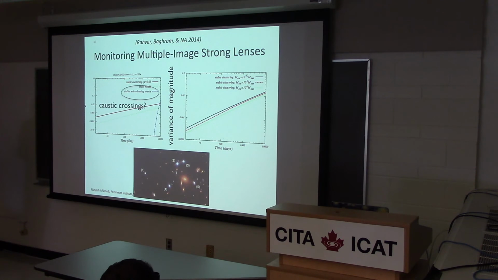Does that make sense? People claim to have detected microlensing. Well, that's something we could discuss. Some light curves are noisier than others, and whether they have detected microlensing is a little bit dubious, but we can discuss that later.